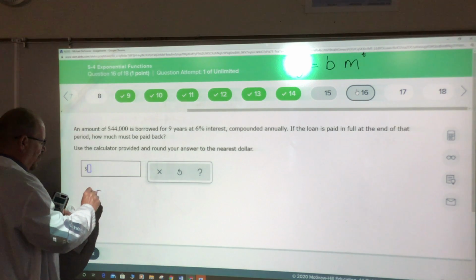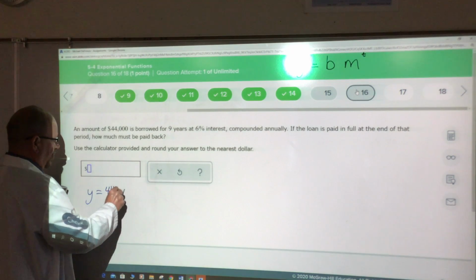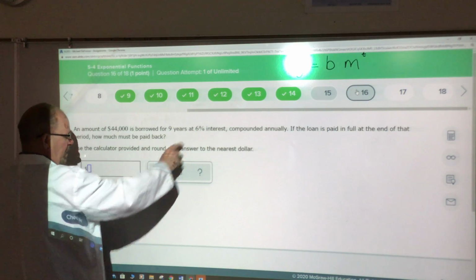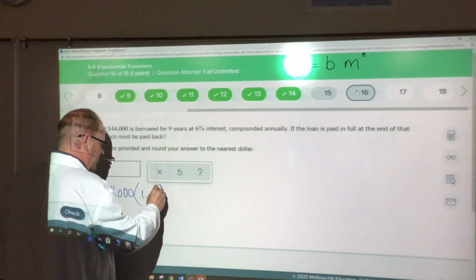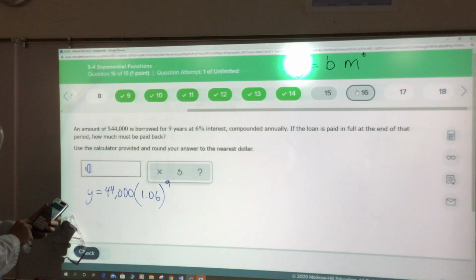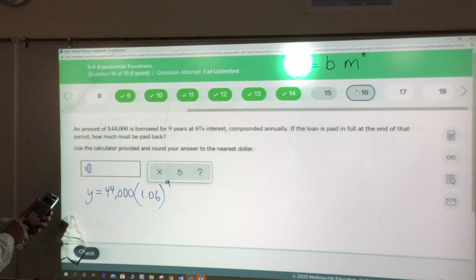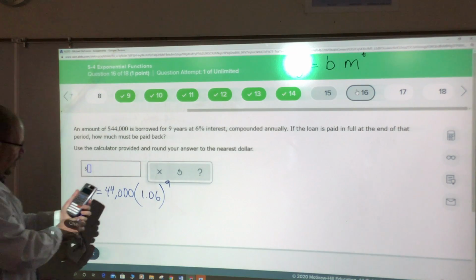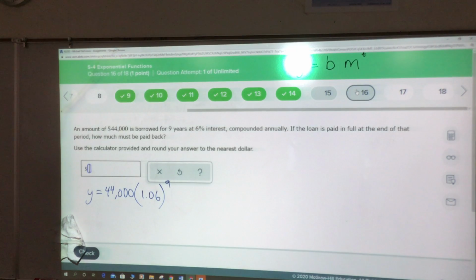Well, B M X, y equals 44,000 times 1.06, because the 6% is added to it, and for 9 years, to the power of 9. 44,000 times 1.06 to the 9th power equals 74,337.07. Round it to the nearest dollar, 74,337.